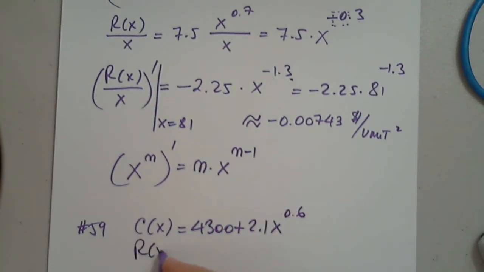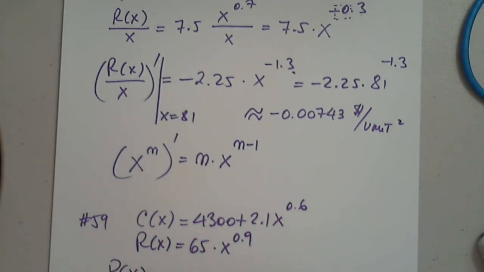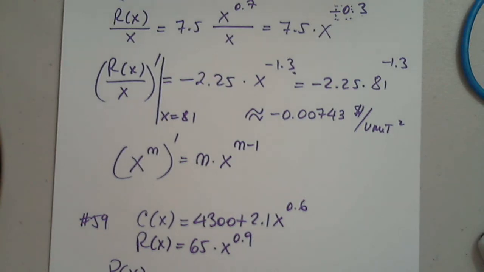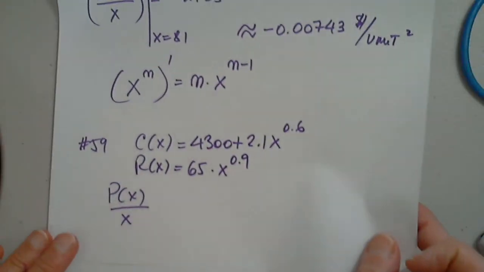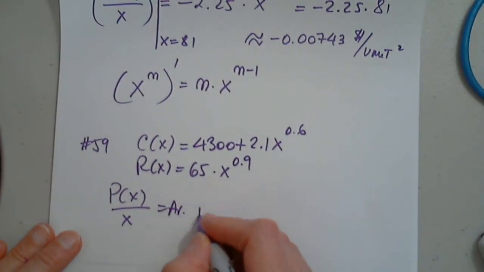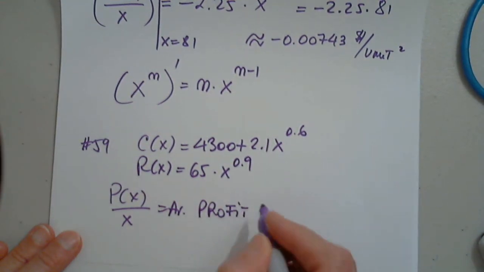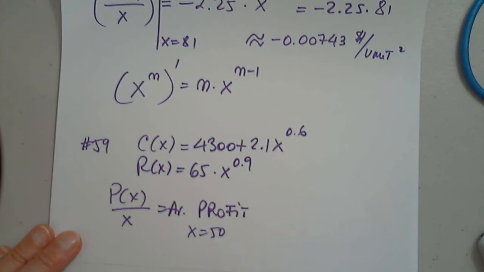And we have the revenue function, which is 65 times x^0.9. Find the rate at which the average profit. So again, the average profit will be P of x over x. This is the average profit. Okay? Is changing when x is 50.